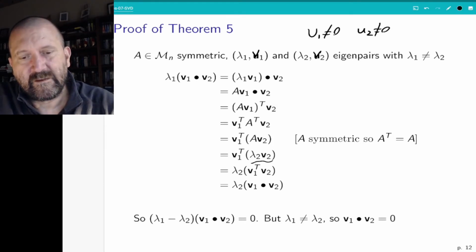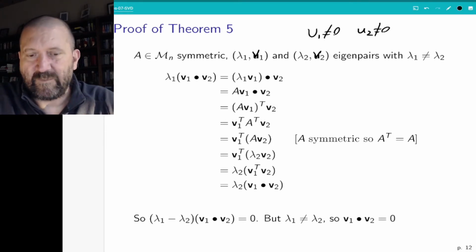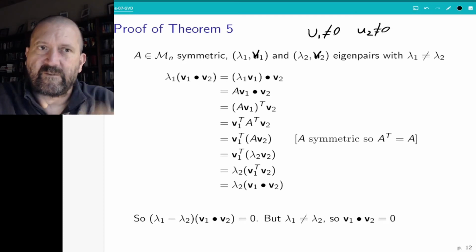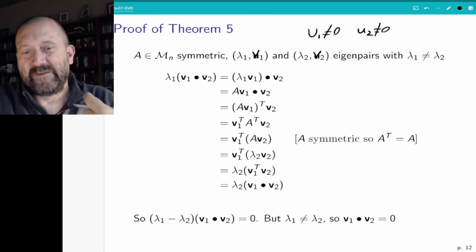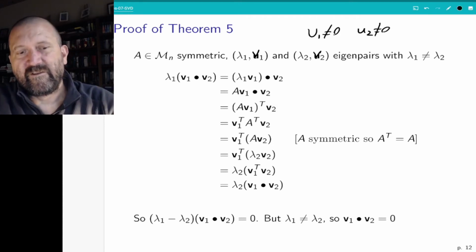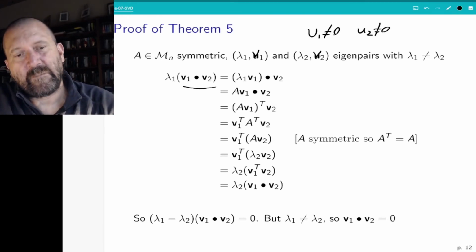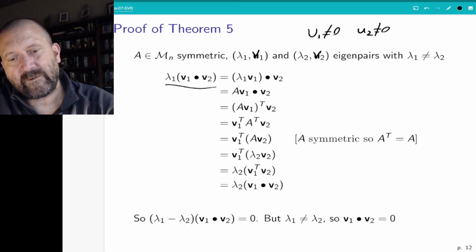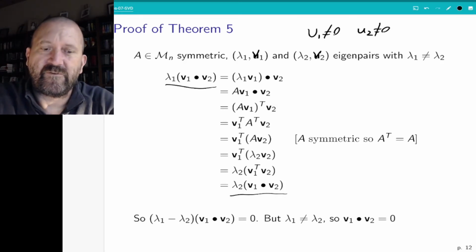So this means that I have lambda 2 times V1 transpose times V2, which again is simply V1 dot V2. So what I get is that lambda 1 V1 dot V2 is equal to lambda 2 V1 dot V2.